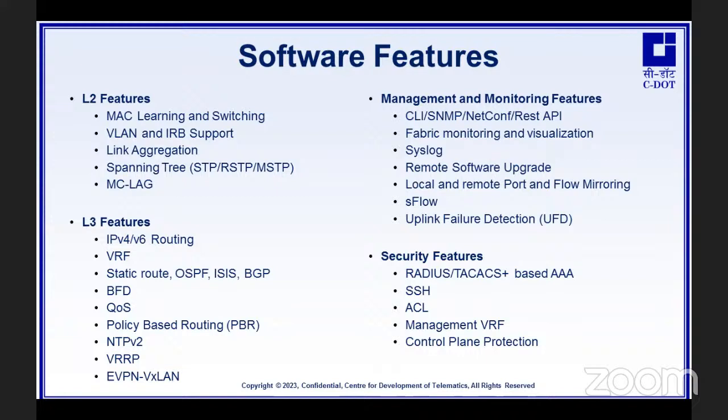Next is the EVPN and VXLAN technology. We will go through this in detail in the later slides. EVPN and VXLAN are basically the extension of layer 2 technology over a layer 3 network. Suppose we have multiple servers with the same VLAN configuration, but connected via a layer 3 network.